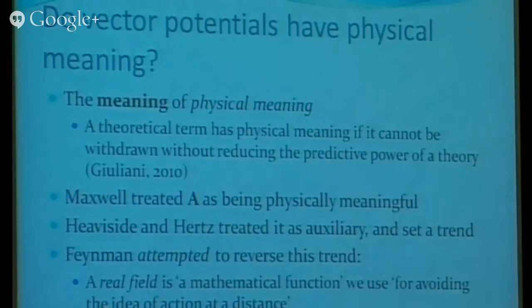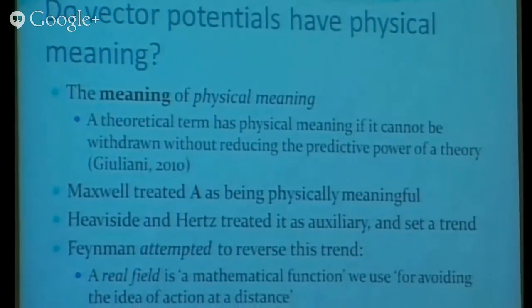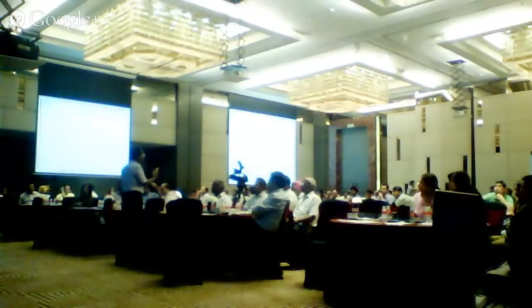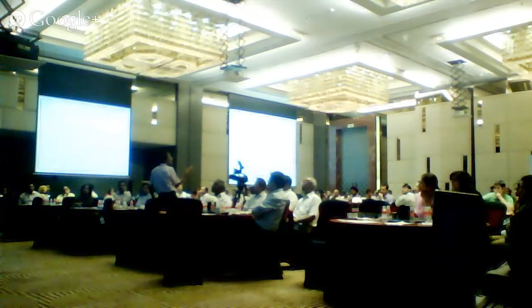In fact, Maxwell treated the potentials as physically meaningful functions. But Heaviside and Hertz reversed the trend, and they said they are auxiliary functions. I have not seen engineering textbooks where the potentials are presented as functions having physical meaning, because my understanding is that most engineering electromagnetic texts present them as auxiliary or secondary functions.